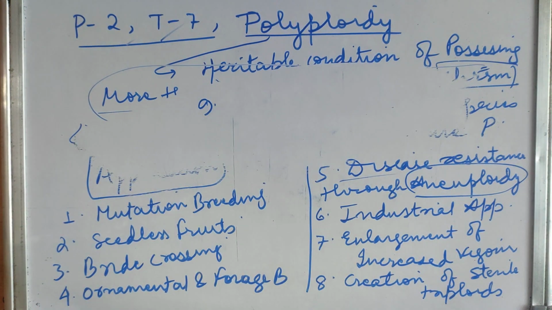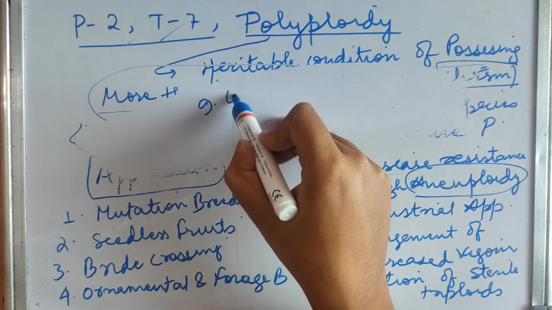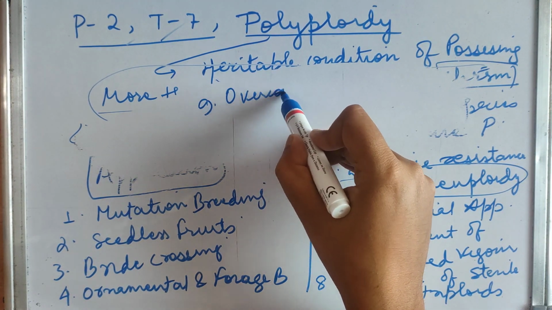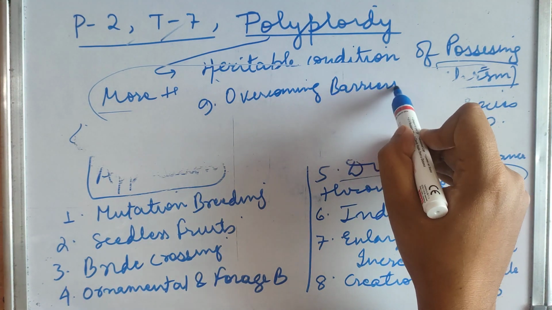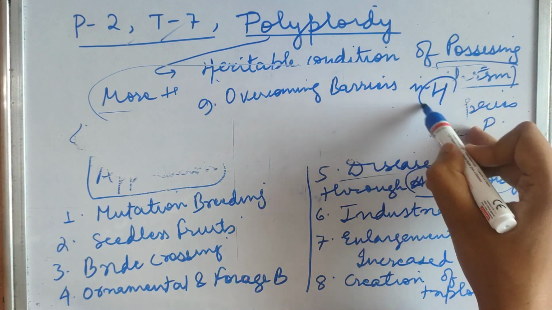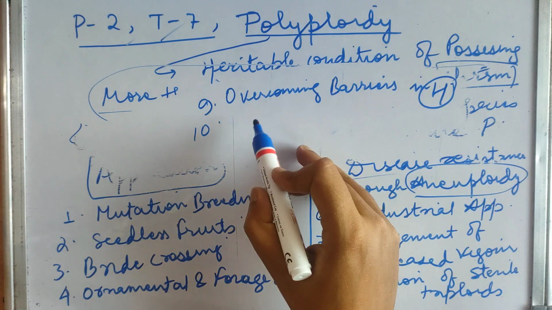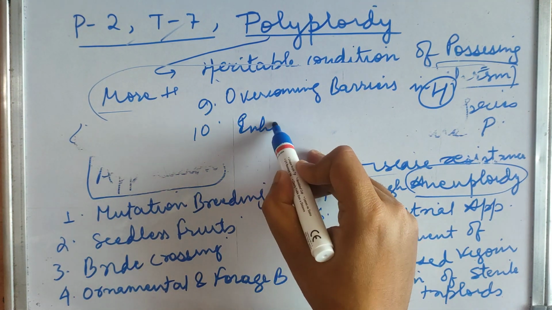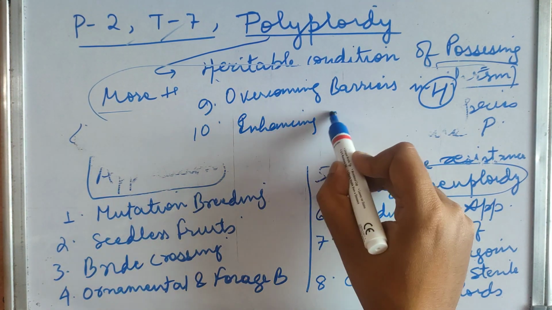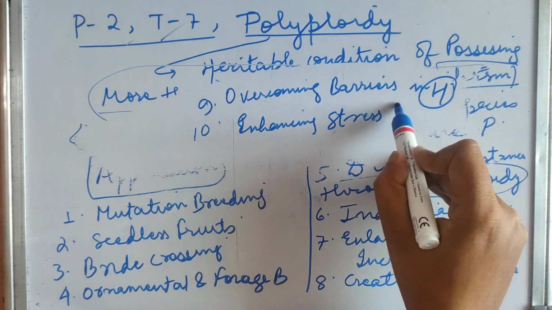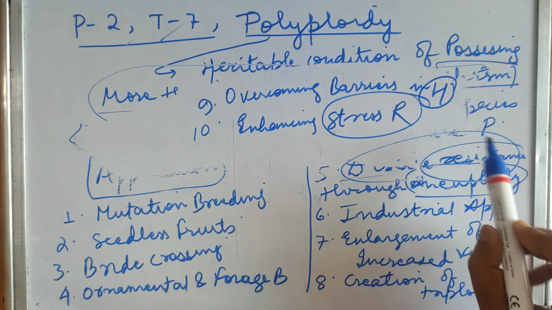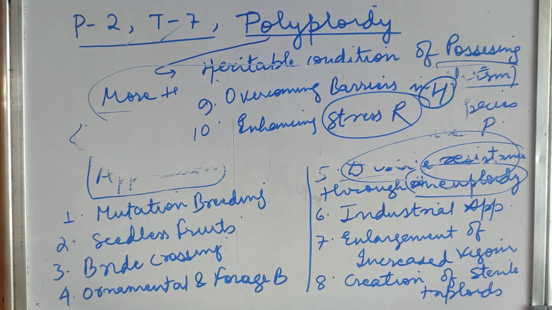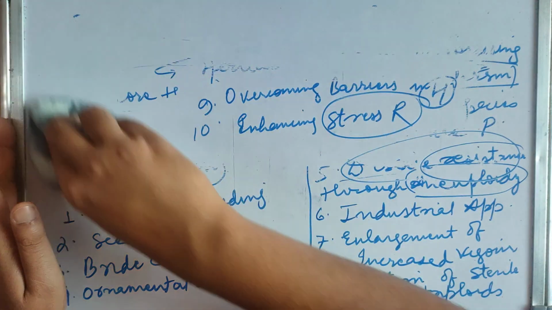Next we can see overcoming barriers in hybridization, enhancing stress resistance. It's helpful in both disease resistance and stress resistance. So these were the applications of polyploidy. Now moving on.